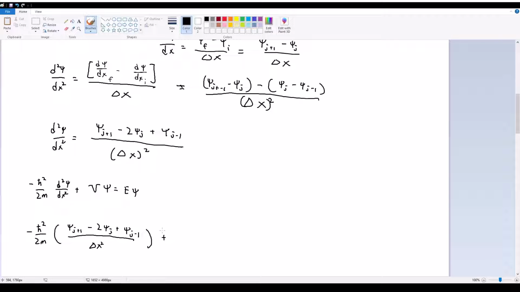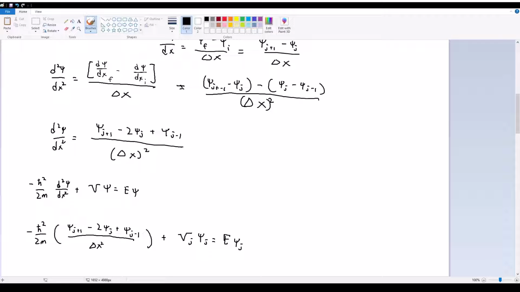And we're going to add this to the potential at point j, so vj, times the wave function at point j, which is psi j. And this is equal to the energy, which stays the same because the energy is constant regardless of at what interval point we look at in our wave function, times psi j again.